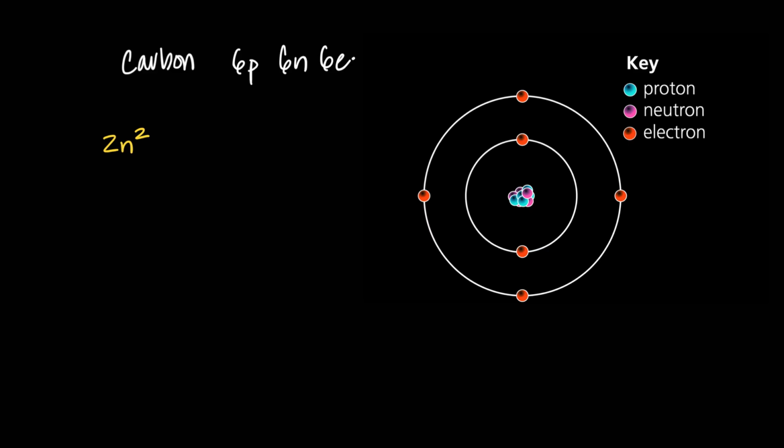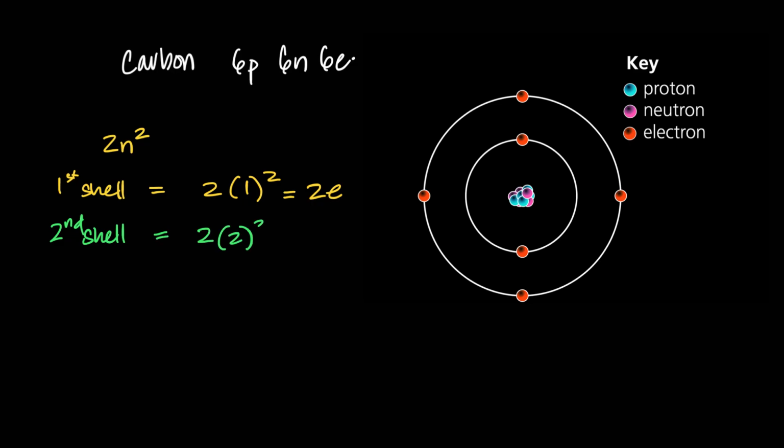For example, the first shell: 2 times 1 squared gives you the maximum number of electrons the first shell can occupy. The second shell would be 2 times 2 squared, which will give you 8 electrons. And by this method, the third shell would be 2 times 3 squared, which is 2 times 9, which is 18.